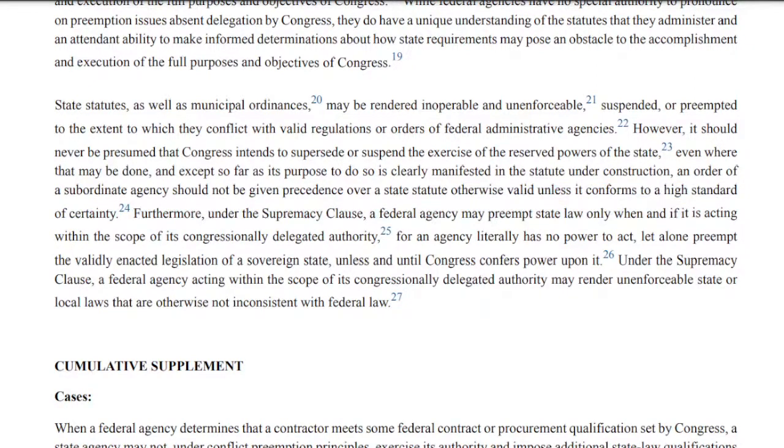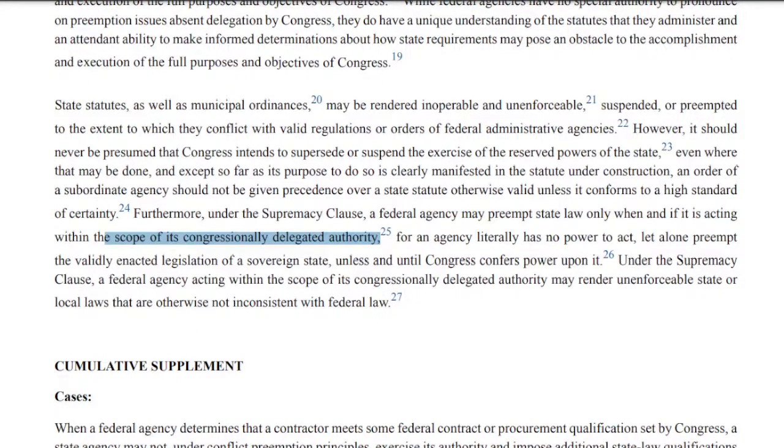So furthermore, under the Supremacy Clause, a federal agency may preempt state law only when and if it is acting within the scope of its congressionally delegated authority. So that's another limitation on the Supremacy Clause. Whatever it's doing to preempt any kind of state law must be done within the scope of its congressionally delegated authority.